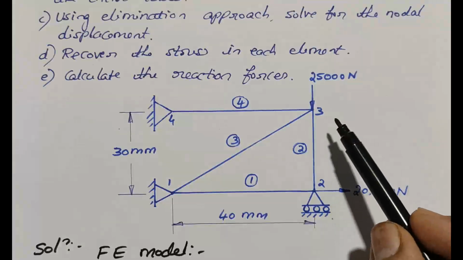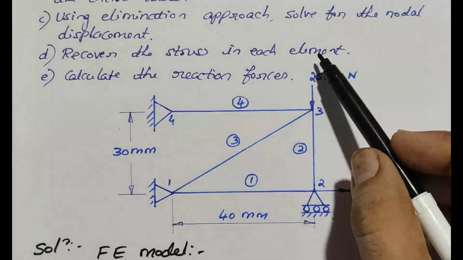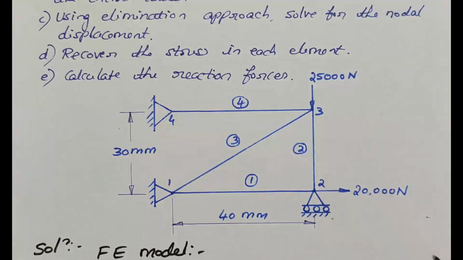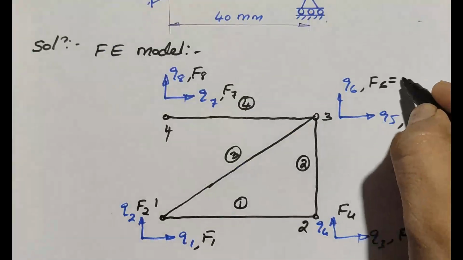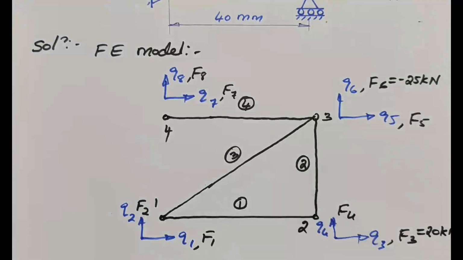Next, here at node number 3, there is a load of 25,000 Newton in the downward direction, means in the negative y direction. So F6 will be minus 25 kilonewton because it is acting downward. So this is the finite element model of the given truss system.